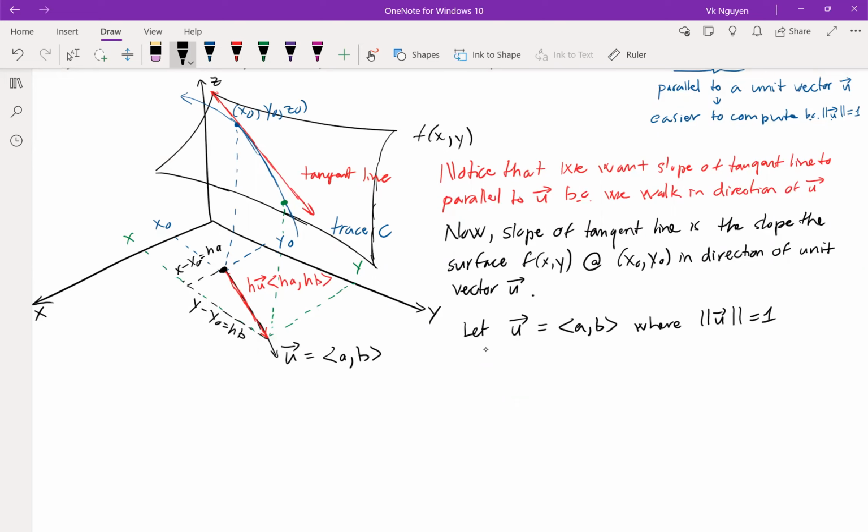Then h u is going to be (h a, h b), for some scalar h, so that h a is equal to x minus x naught and h b equal to y minus y naught.